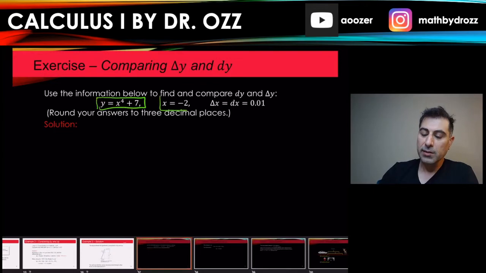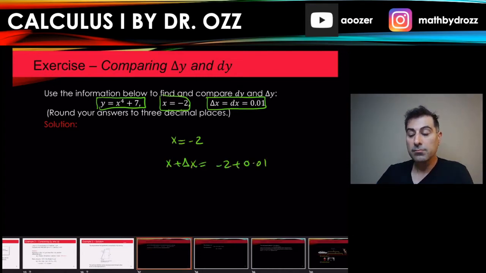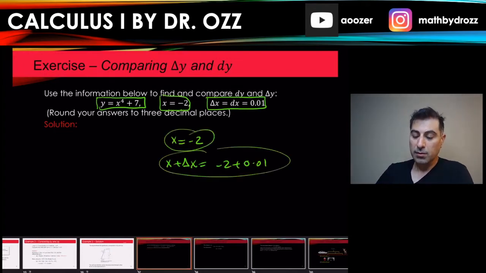The point is x equals minus 2, and this is the amount of increment, 0.01, and you want to find the actual change in function value from x equals minus 2 to x plus delta x, which is minus 2 plus 0.01. Okay, so you go from this point to this point, which is the difference, obviously your run, and you want to find the actual rise and approximated rise by using the tangent line approximation.